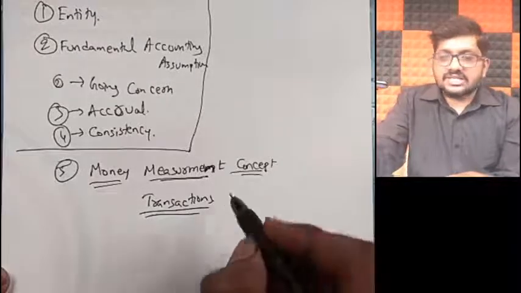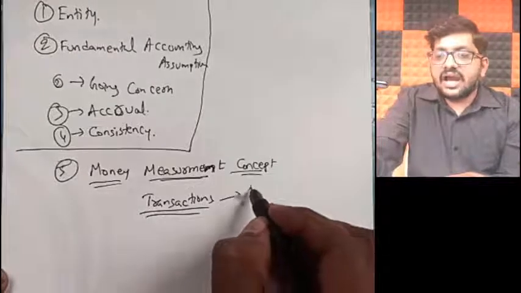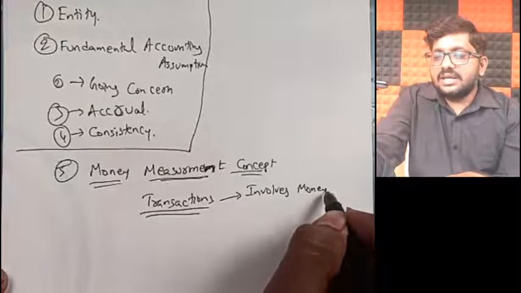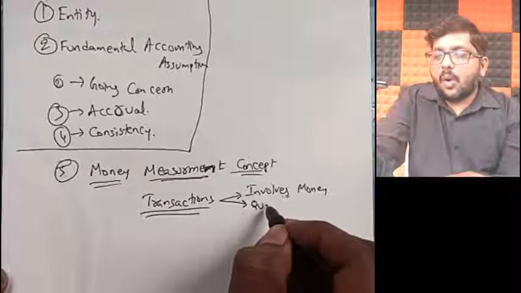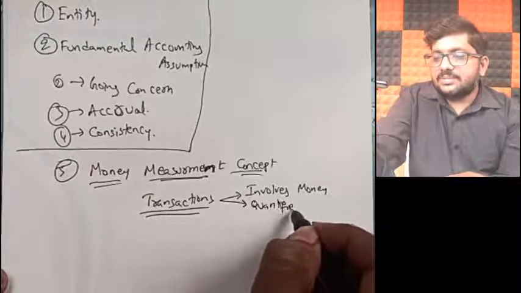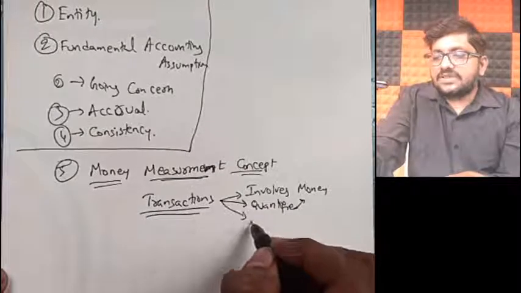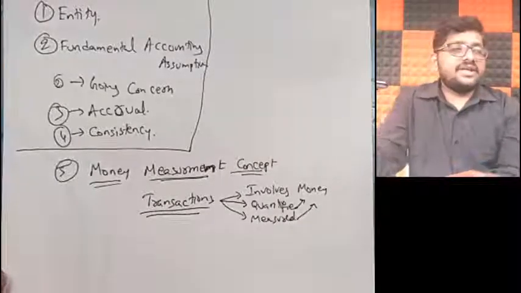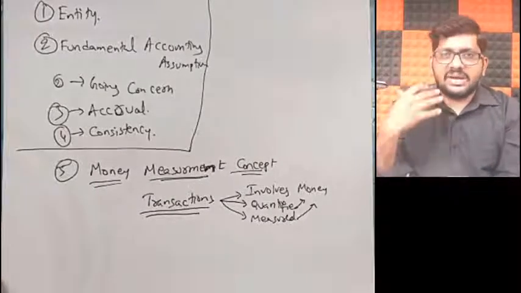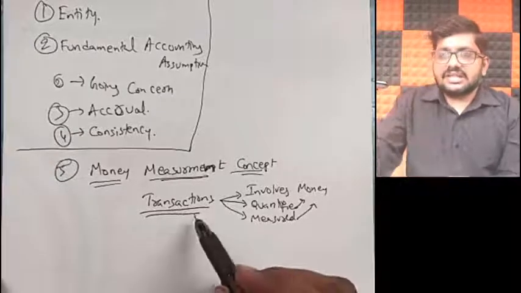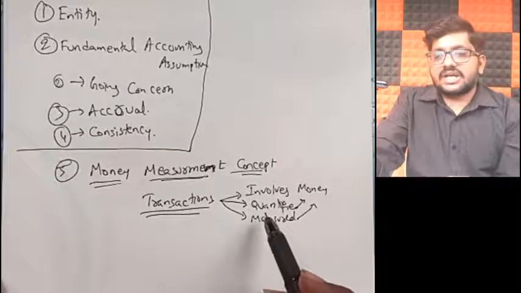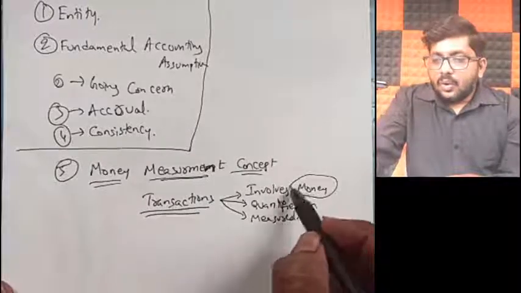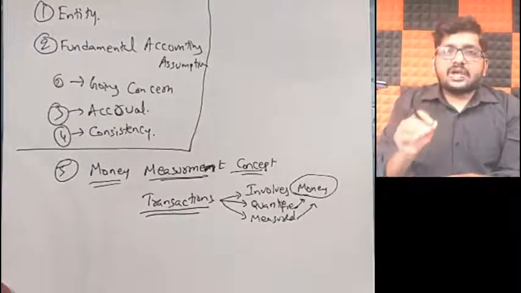We even discussed that transactions mean those which involve money, or which can be quantified or measured in terms of money. We already discussed this in our very basic class. Only those aspects are to be considered.